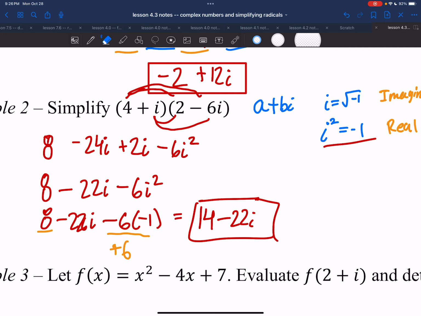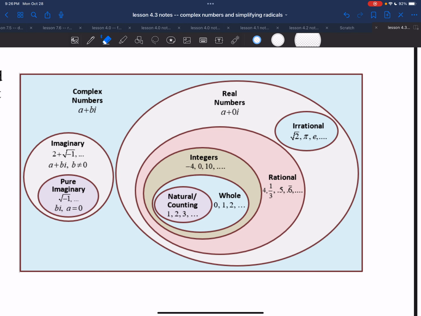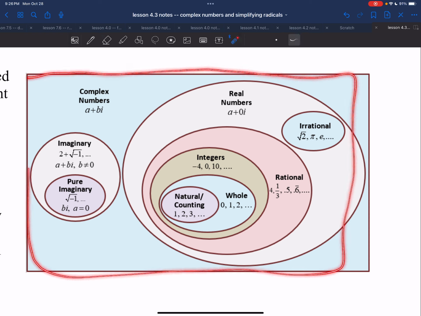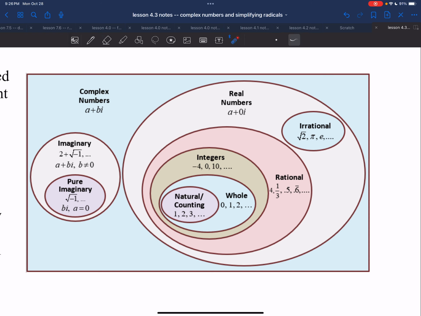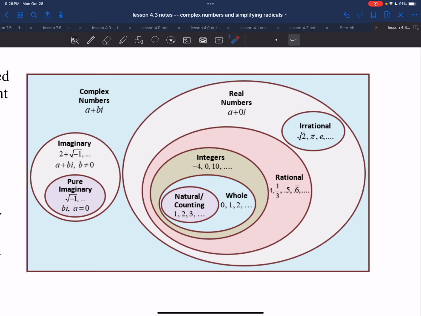This would be a good moment for me to go back to the previous pages and mention this image down here real quick. You'll notice that this entire box is complex numbers. What this means is real numbers are complex numbers. Everything is complex numbers. What's different is real from imaginary, because complex is the real and the imaginary component.